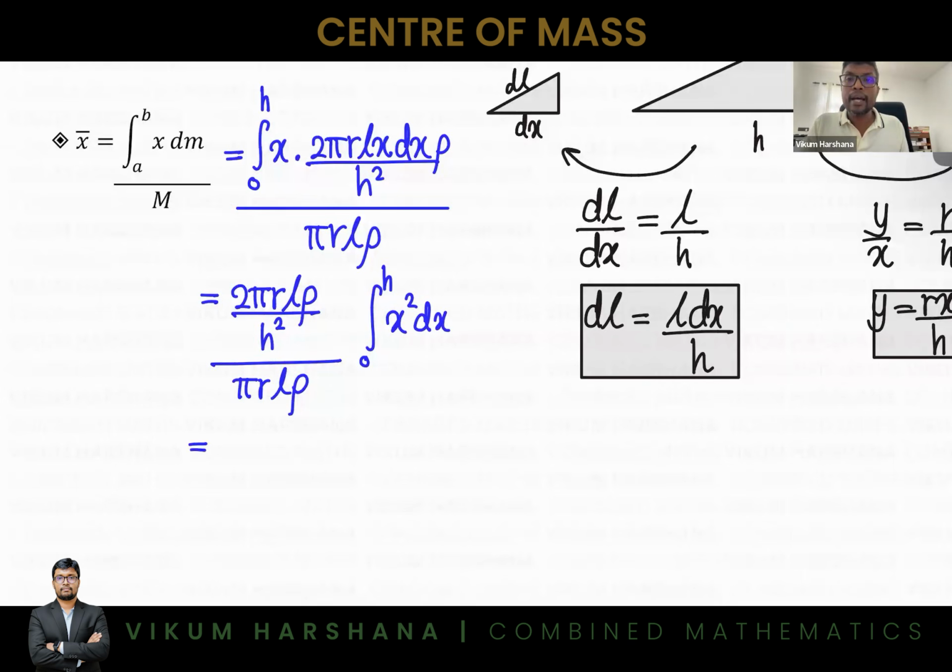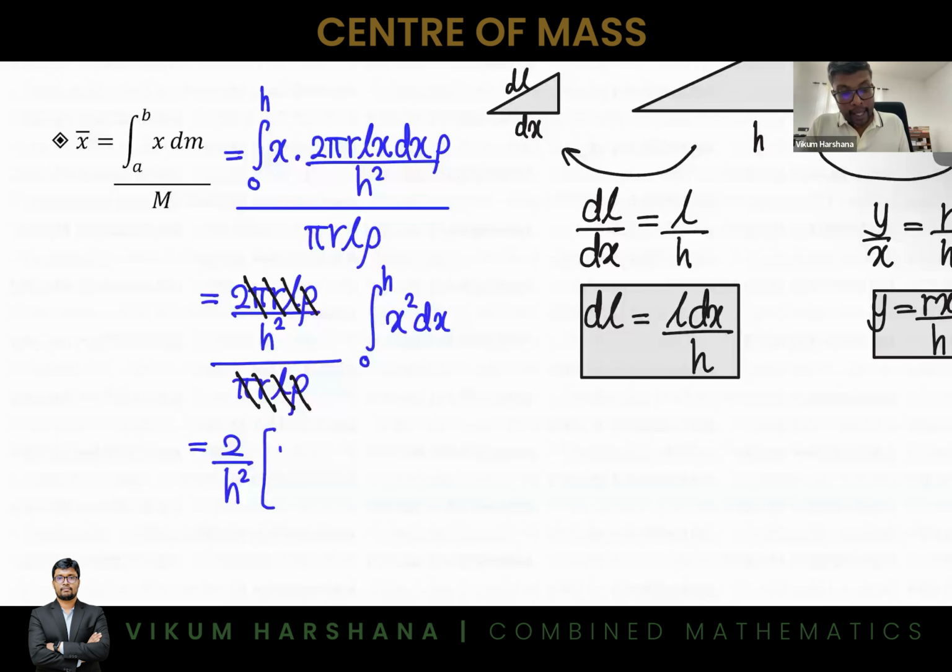Most of the people thought that because of integration, center of mass is hard. No, no, no, no. It's not. Most of the people don't know the steps. That's what. Okay, now you know. Let's cut pi r L rho with pi r L rho. Very easy. Now you ended up with 2 over h squared.